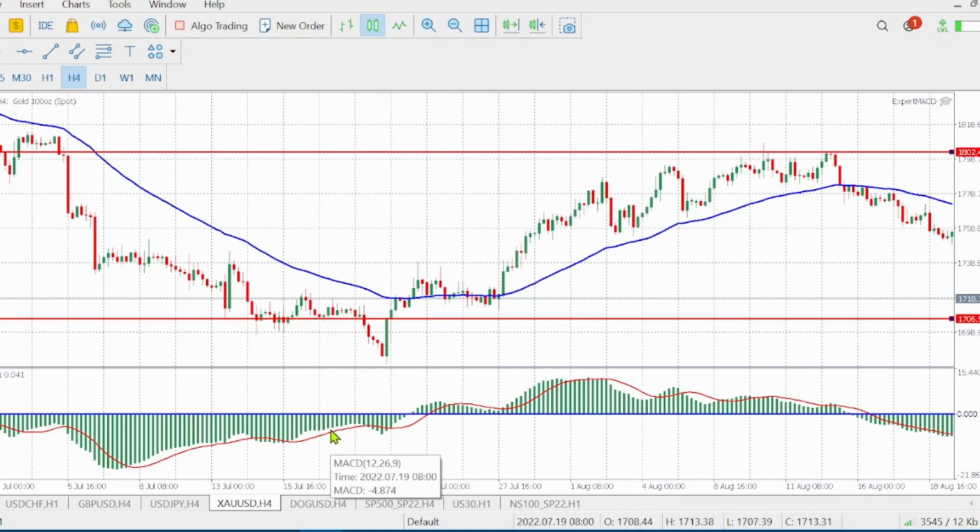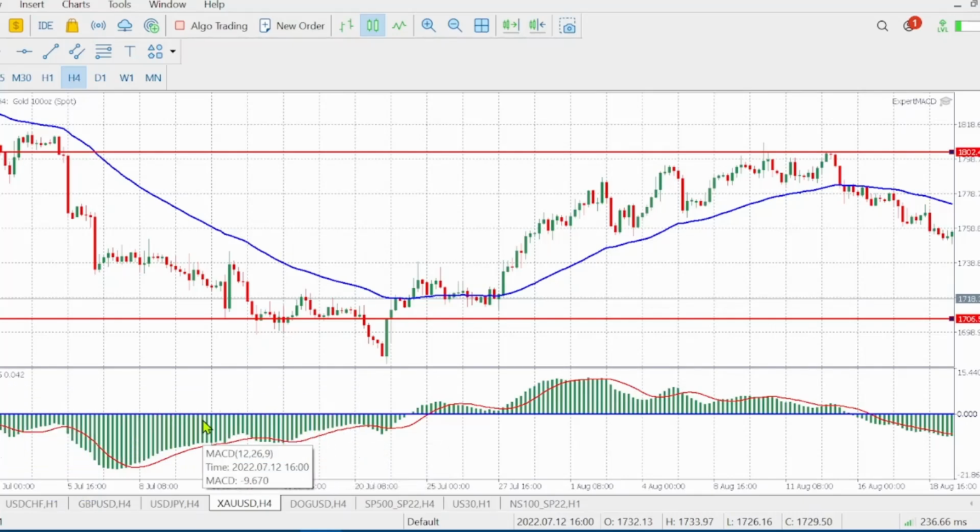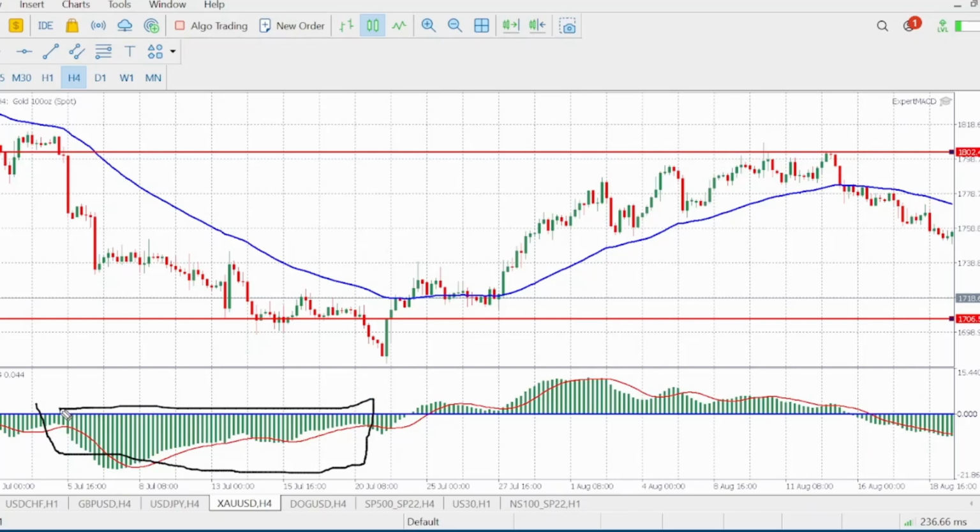When the MACD line and the histogram, this green graph, are below the zero line, it indicates that we are on a downtrend. Like here, this indicates that we were on a downtrend.